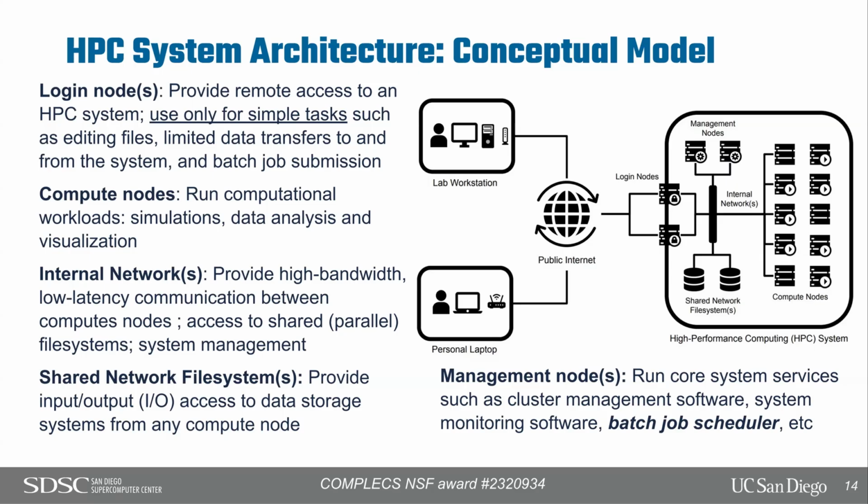And the job scheduler lives on those management nodes, basically, and when you request resources from the scheduler, it decides where your jobs are going to run, right? And so this is just the general landscape of the conceptual model of the different pieces that we need to remember are on the system.